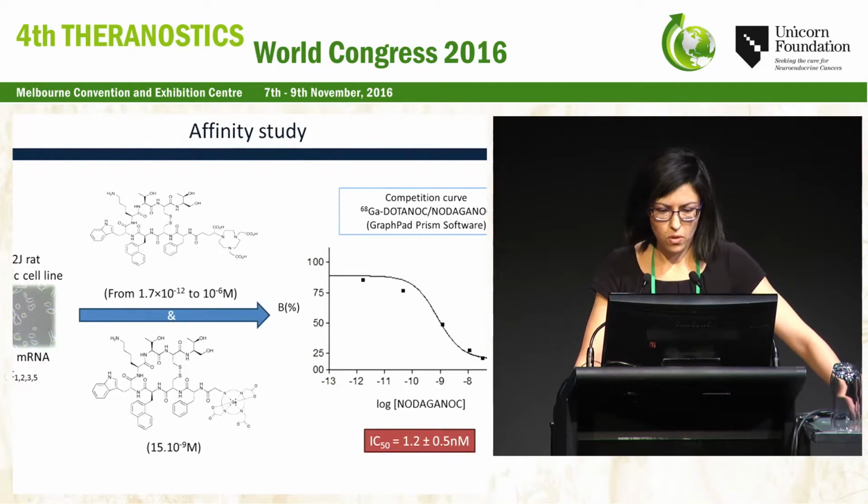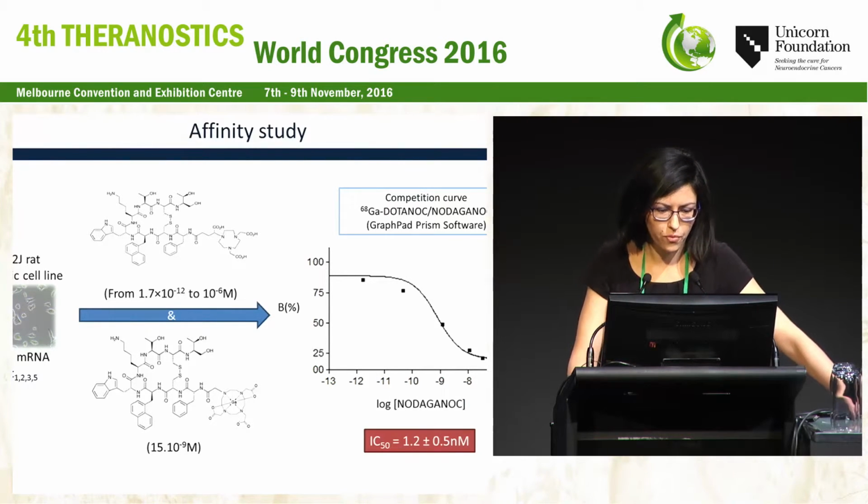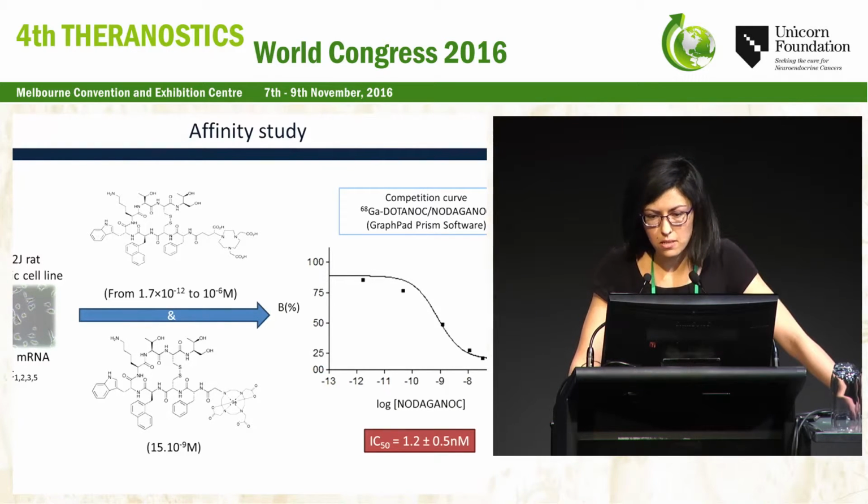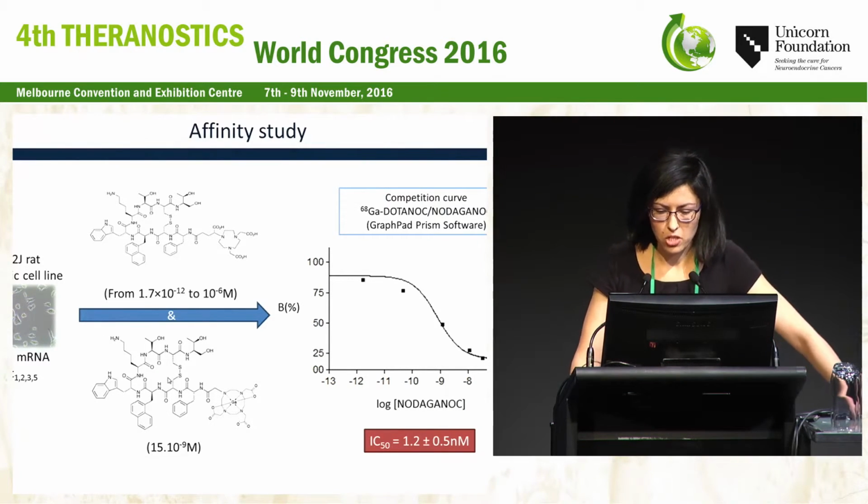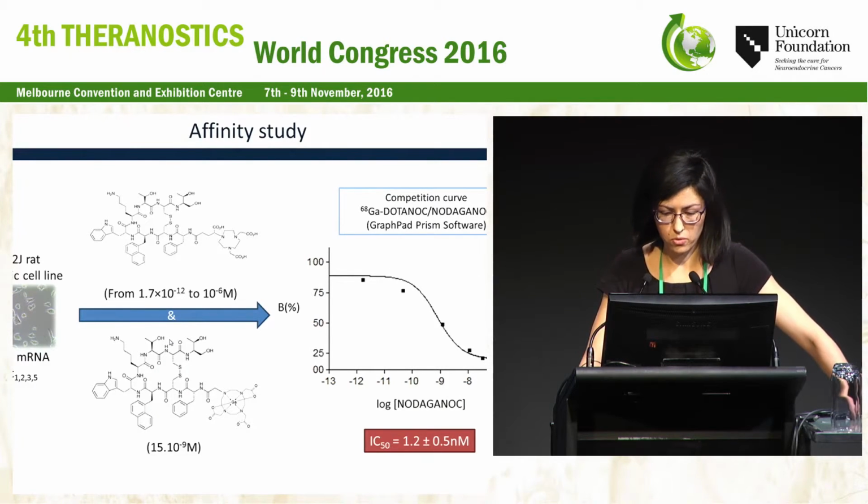The IC50 was determined from competitive experiments between variable concentrations of NODAGANOC and a fixed nanomolar concentration of gallium-68 labeled DOTANOC. Analysis of the competition curve with GraphPad Prism software gave the IC50 of NODAGANOC: 1.2 plus or minus 0.5 nanomolar.